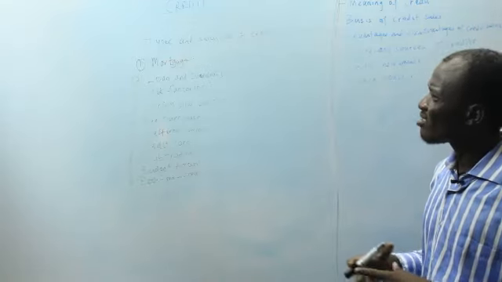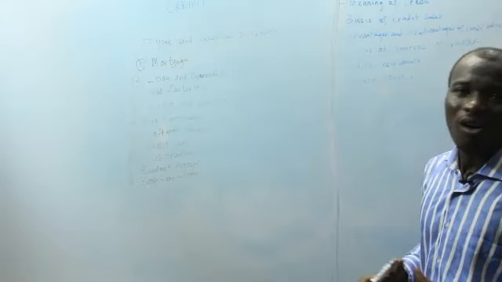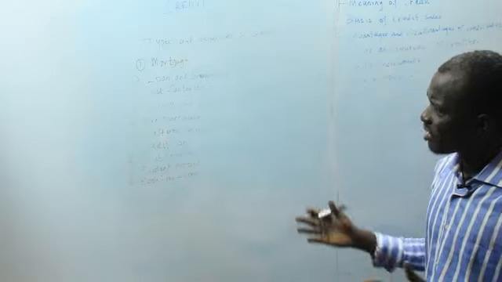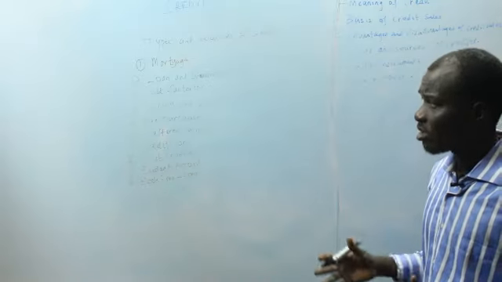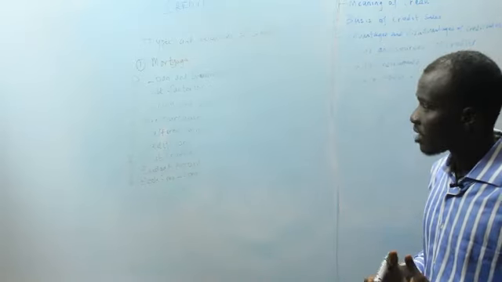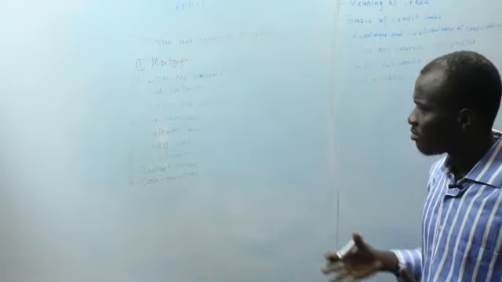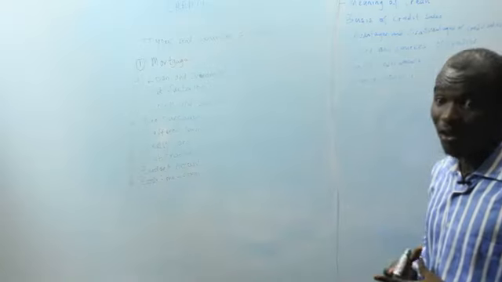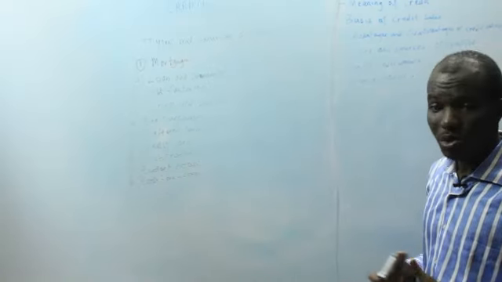A lot of types of credit exist. The major ones we'll be treating now are the first six. We have a lot of credit types, but let's just look at these and quickly explain them, especially hire purchase, which has a lot of details.